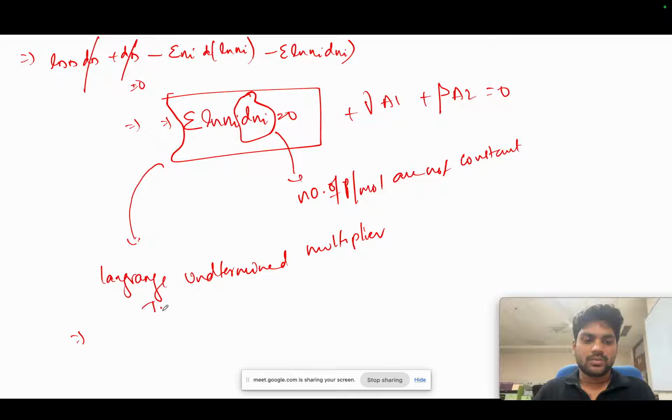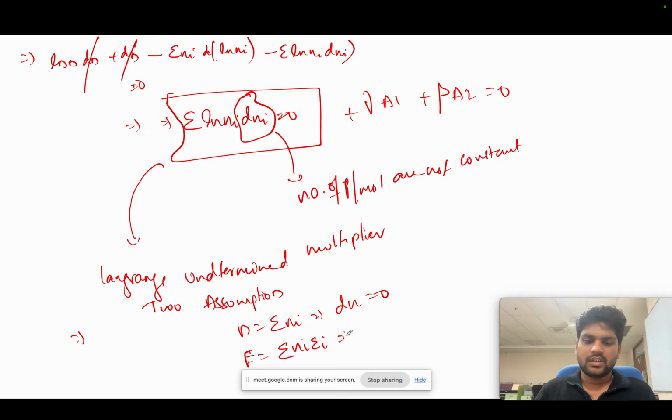The two assumptions we can take are: n equal to sigma ni and dn equal to 0, and e equal to sigma ni ei, where de equal to 0.